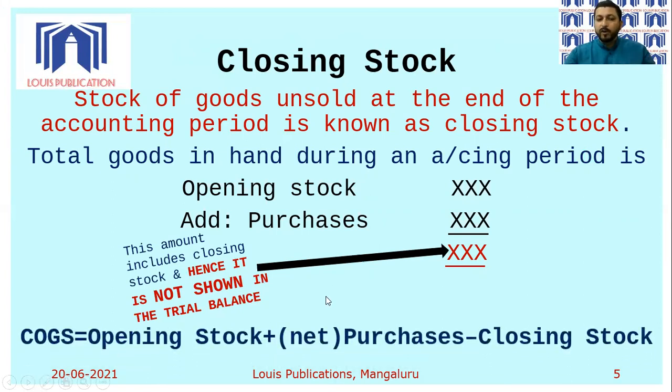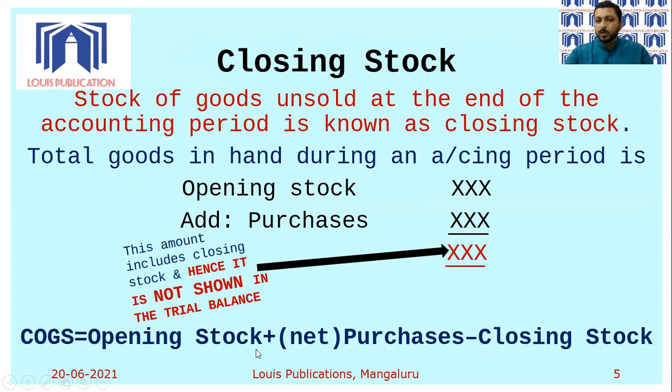We get to find the formula called cost of goods sold. Cost of goods sold. This is basically cost of goods available for sale. So what is cost of goods sold? We have opening stock. Then we have net purchases. I have written the word net. Net purchases means purchases minus purchase returns. Or you can say gross purchases minus purchase returns will give you net purchases, minus closing stock.